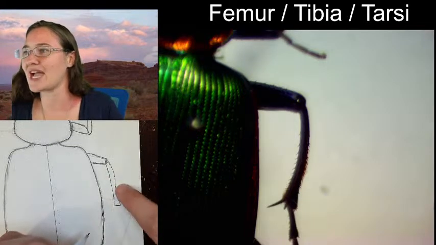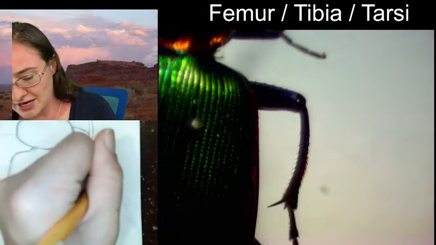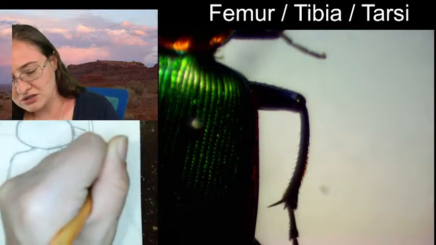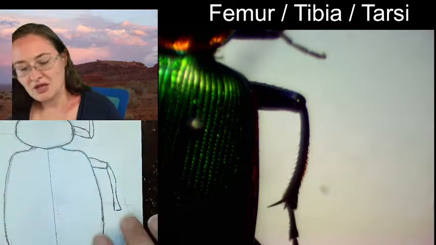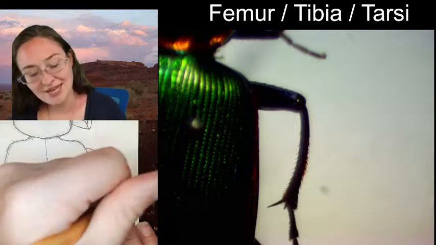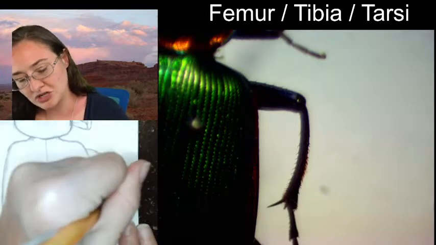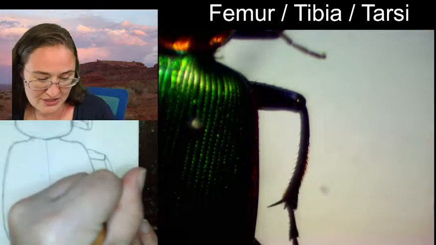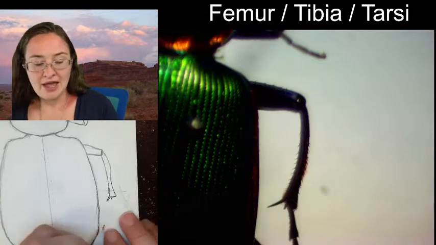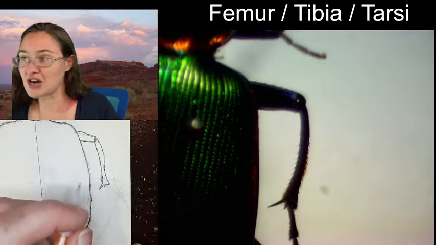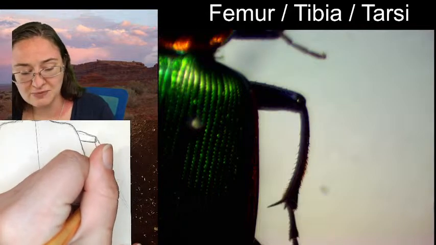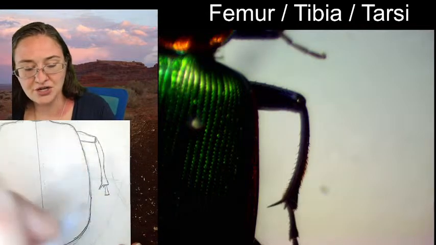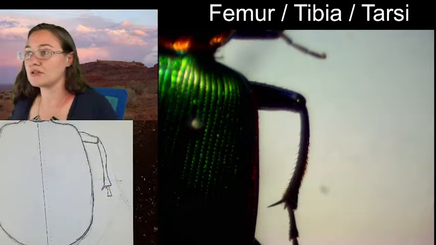So we're looking at kind of that same shape, but it's just at a different angle. All right, and then the internal tibial spines, which are going to be something like one here, and then another one that's kind of in the distance back there. And then we're going to have our 5 tarsal segments. And these tarsal segments are actually a little bit longer than the ones in the front.